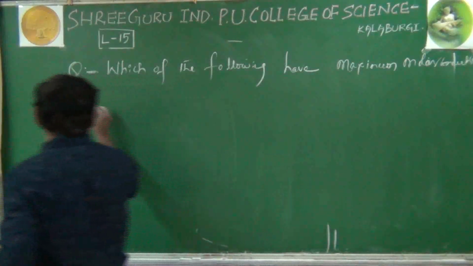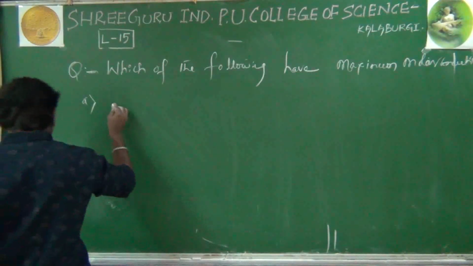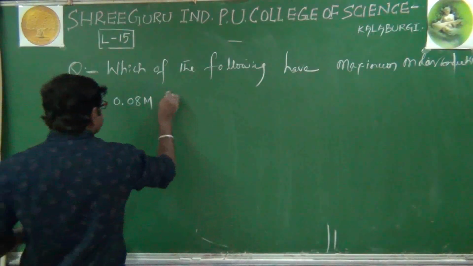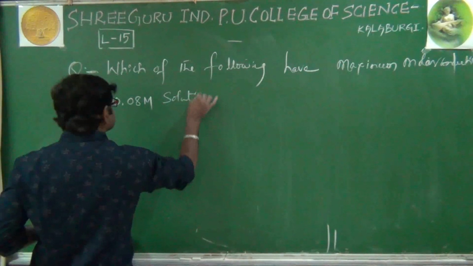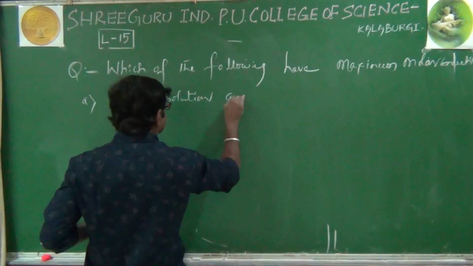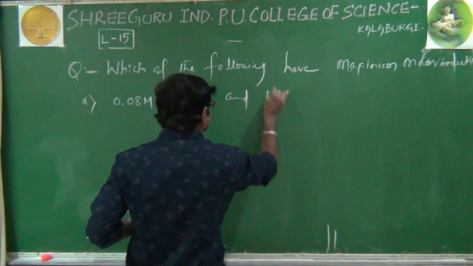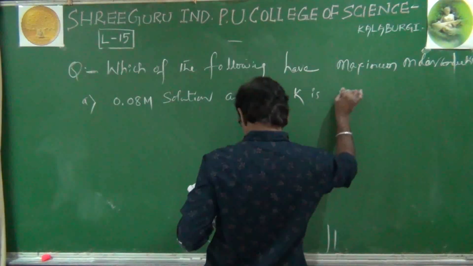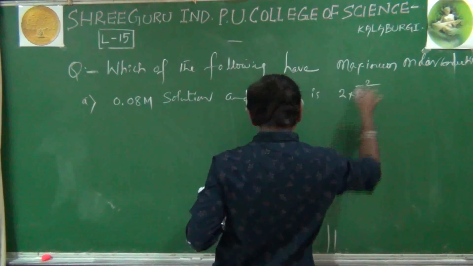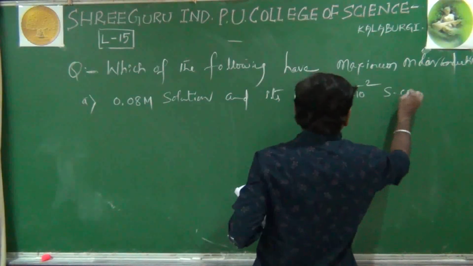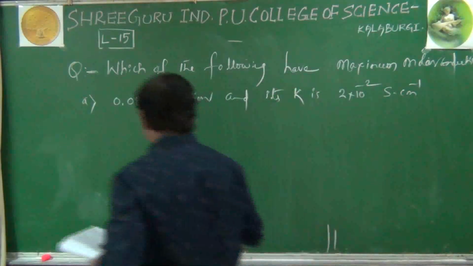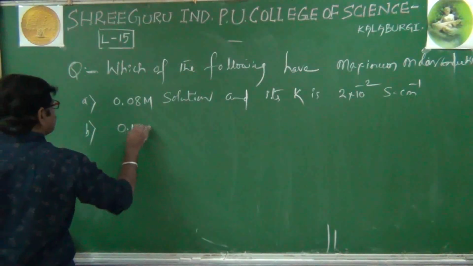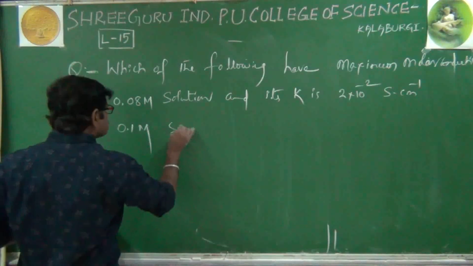In that, first question A: 0.08 capital M molar solution and its k is 2 into 10 to the power of minus 2 Siemens per centimeter. That is the first question.